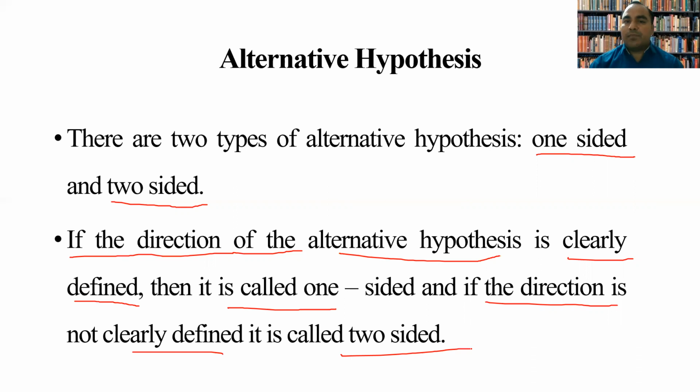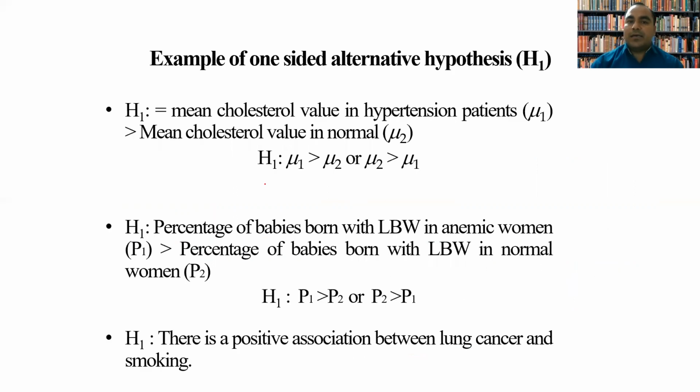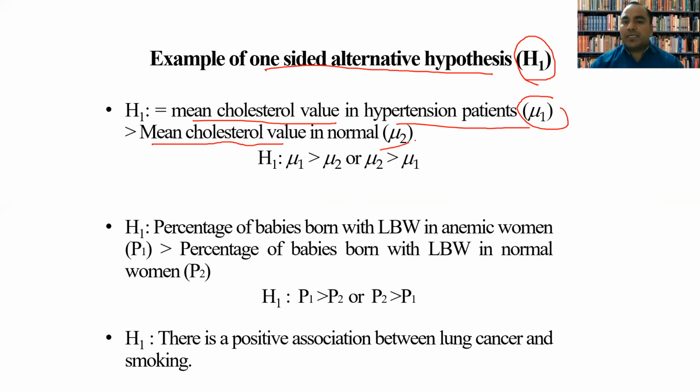Now we have an example of one-sided alternative hypothesis. As we know, the alternative hypothesis is denoted by H1. For example, if the mean cholesterol value in hypertensive patients, which is denoted by mu1, is greater than the mean cholesterol value in normal patients, so it is greater than.